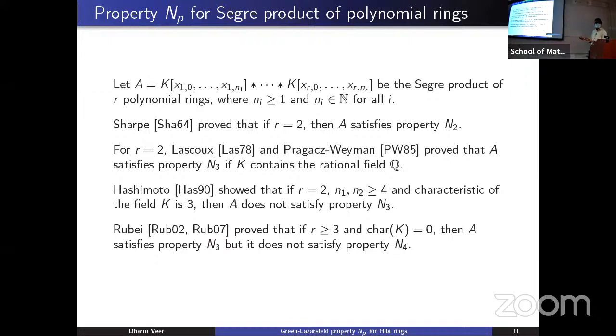One can see these Hibi rings as semigroup rings, and for semigroup rings one can study the Betti numbers using what Bruns and Herzog call squarefree divisor complexes and their homologies.